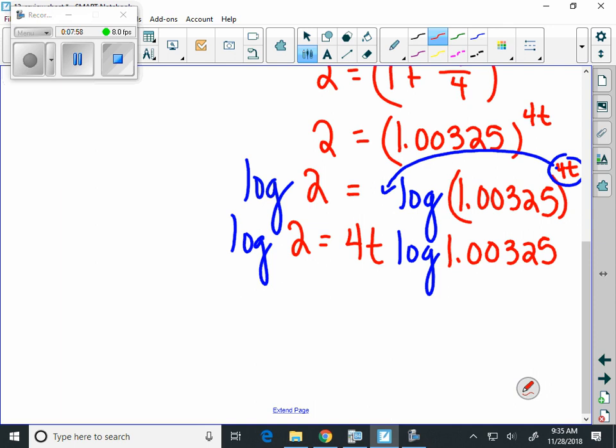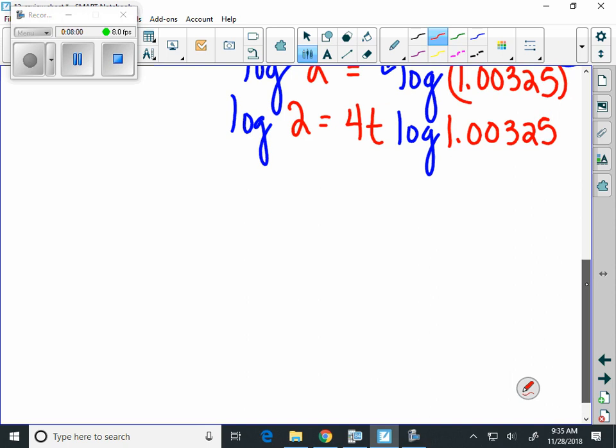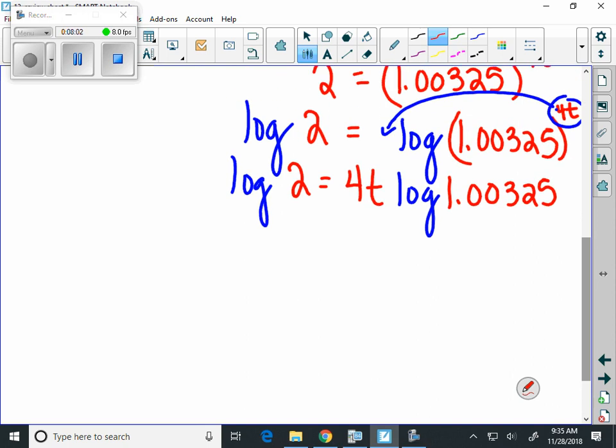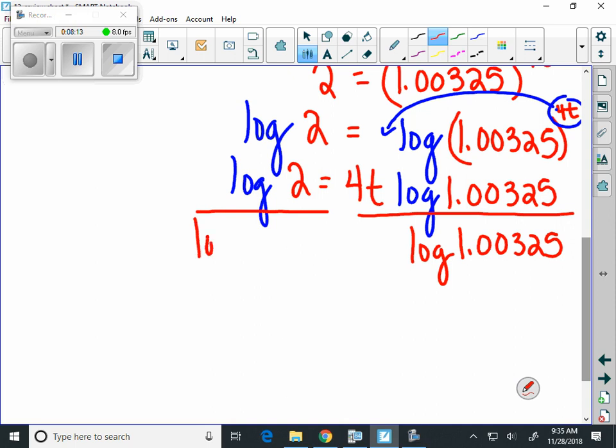Eventually what we're trying to do is solve for 4t. But right now we're going to divide the left side by log of 1.00325 and the right side by log of 1.00325.